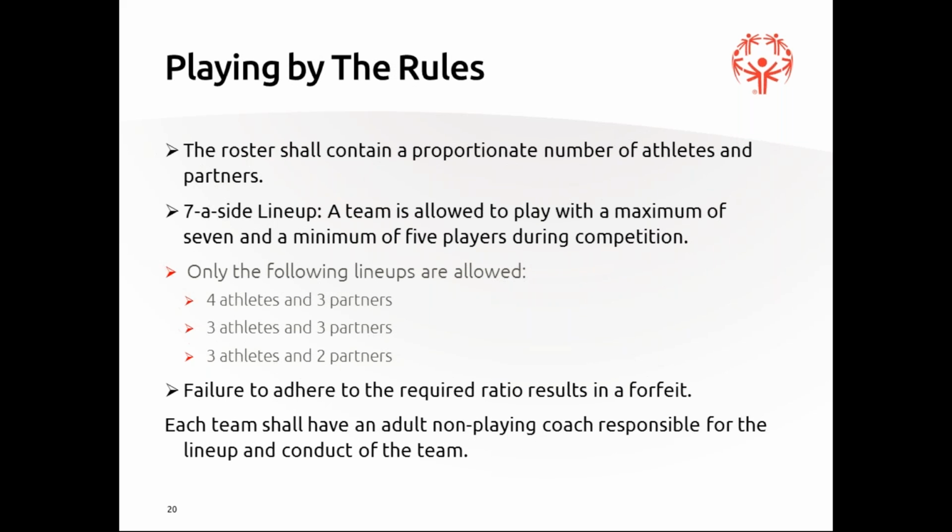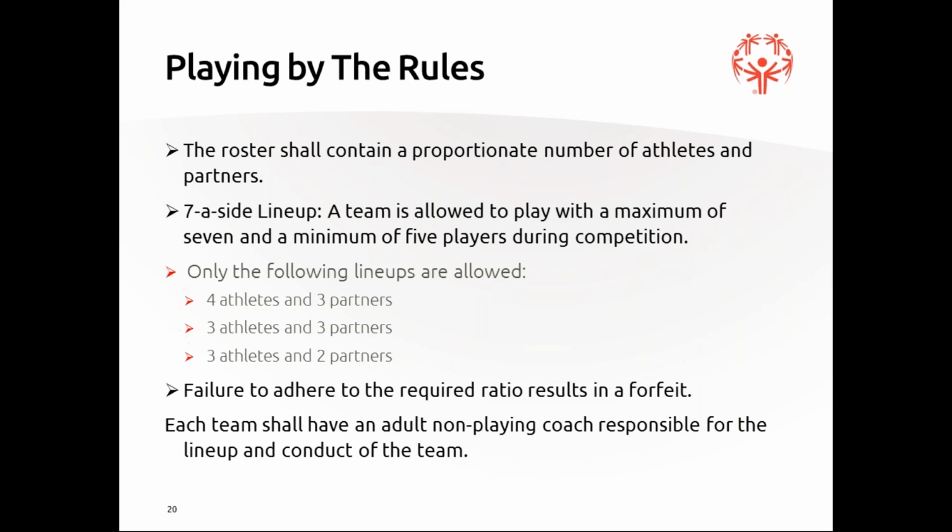So playing by the rules, as we've noted, when you are playing unified competitive, there are no rule variations except for the lineup. That is the only place where there is a unified rule variation that needs to be followed. So on a 7v7 team, your lineup would be 4 athletes and 3 partners. That is a normal 7v7 team. If you end up having to play down for whatever reason, red cards or an injury, and you don't have other backups, that must then be 3 athletes and 3 partners.